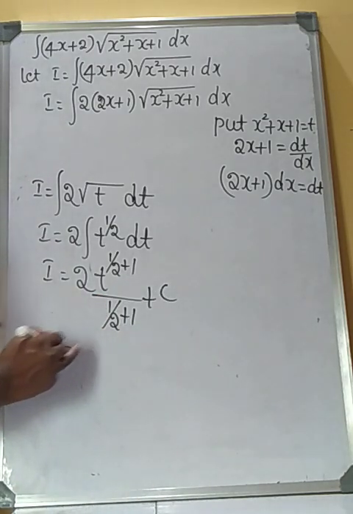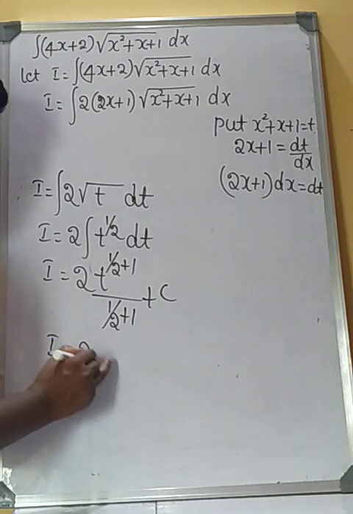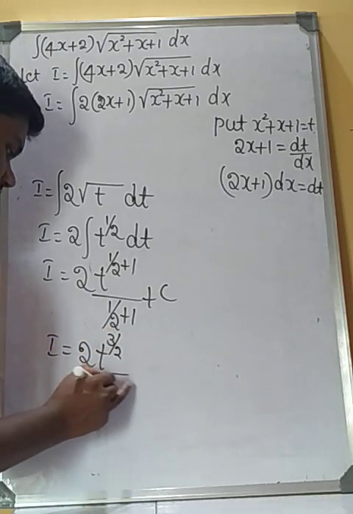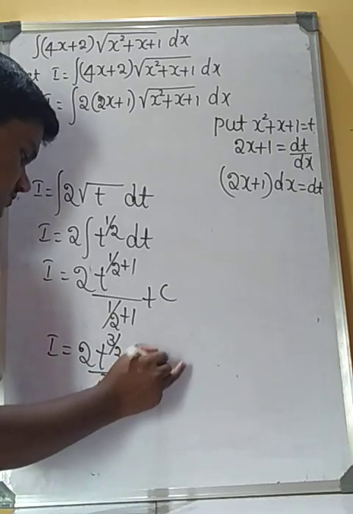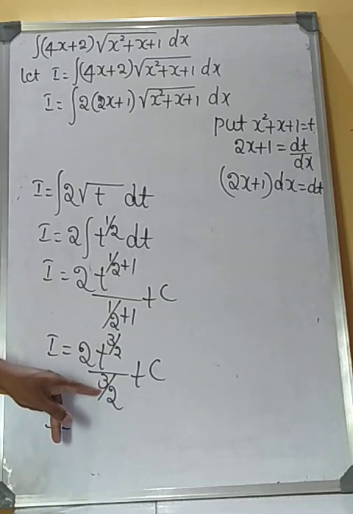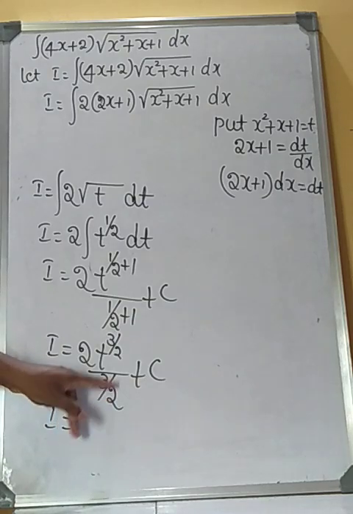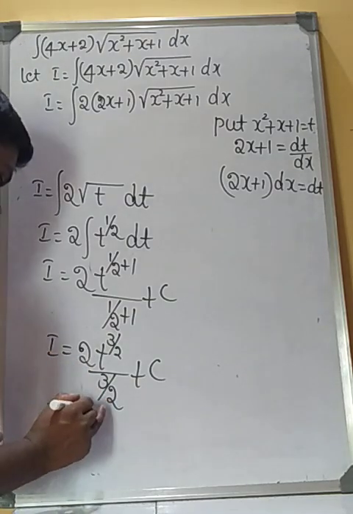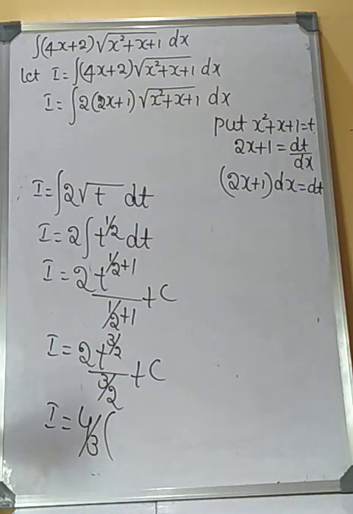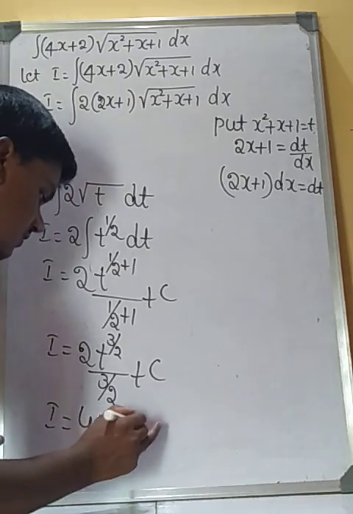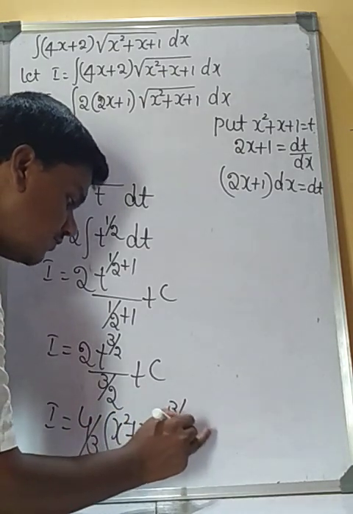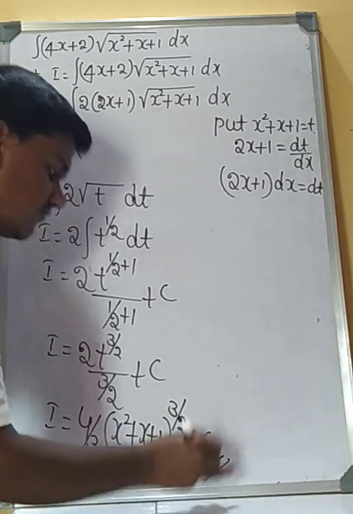Therefore, I is equal to 2 into t power 3 by 2 divided by 3 by 2 plus c. Inverse of 3 by 2 is 2 by 3, 2 into 2, 4 by 3 into, what is t? t is x square plus x plus 1, whole power 3 by 2, plus c.